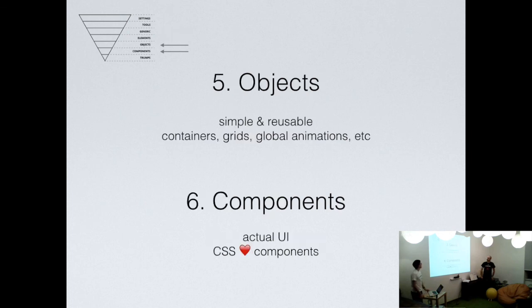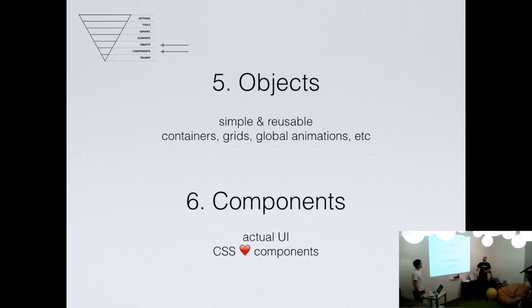Now goes the best part, I would say the core concept: objects and components. Objects are very basic and simple styles that are mostly responsible for the layout. A great example of an object would be a container or a grid. It doesn't have any look, but you can use it to compose other elements, components, inside your page.